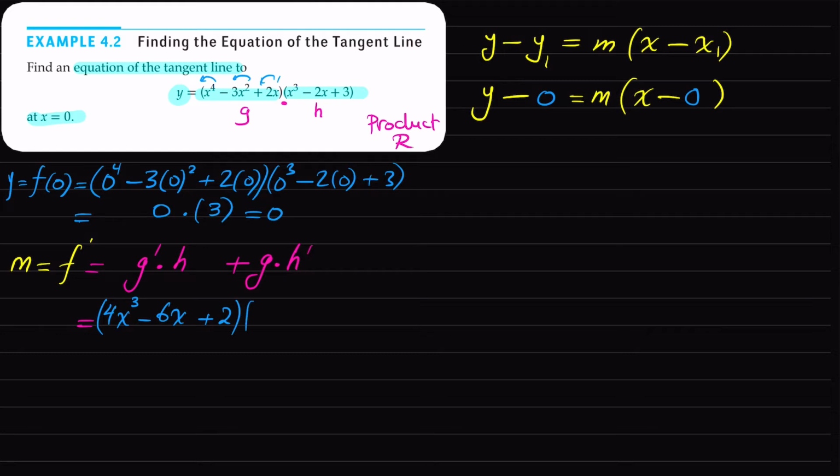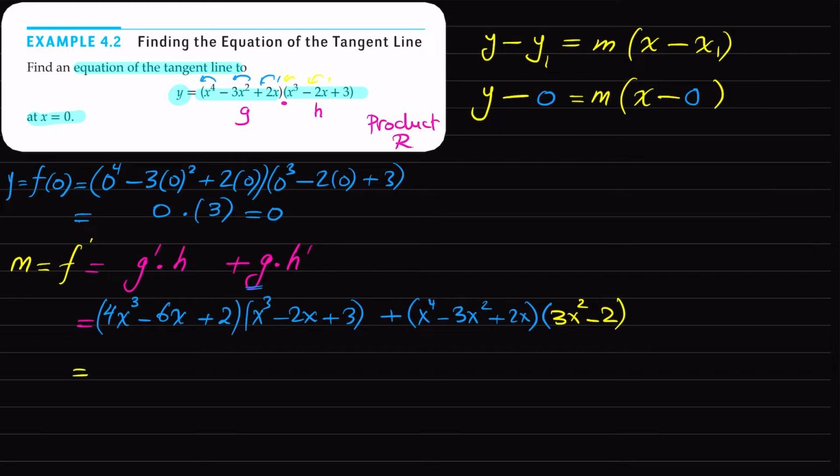Now h will stay the same, plus, now we will write g as it is. We are keeping g as it is, times the derivative of h. We will drop 3 down, so 3x squared, minus, the power is 1, we will drop it down, so it's 2, and 3 is a constant, so it cancels.